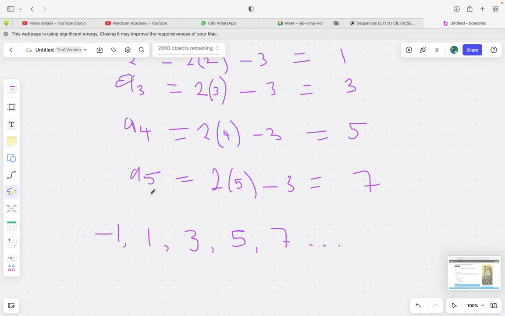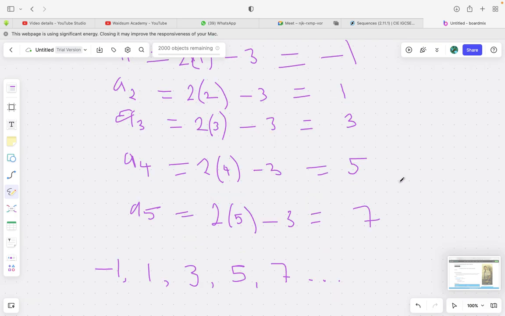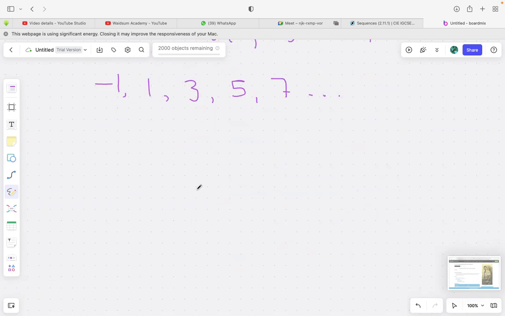What if I ask you to find the 100th term? The 100th term will be A100. You remember the formula, An is equal to 2n minus what? 3, right? That's the formula.